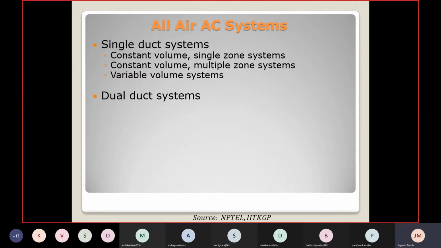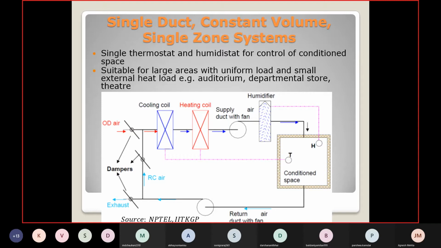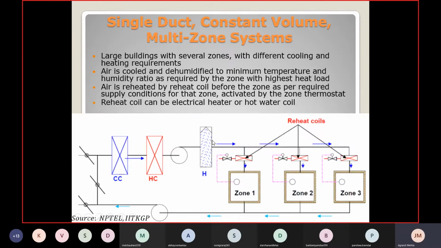Again, the subcategories of that can be constant volume single zone systems, constant volume multi-zone systems, or variable volume systems. Then it can be a dual duct system also. So for the single duct constant volume single zone system, the schematic is shown here.